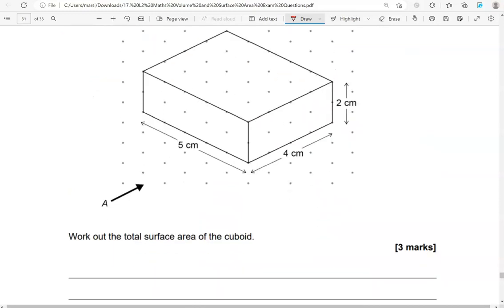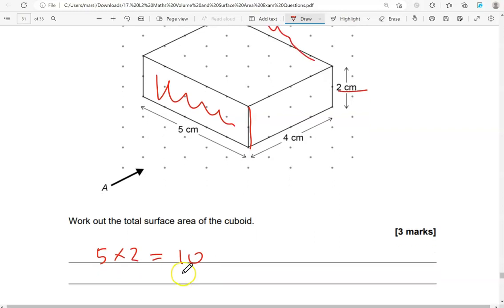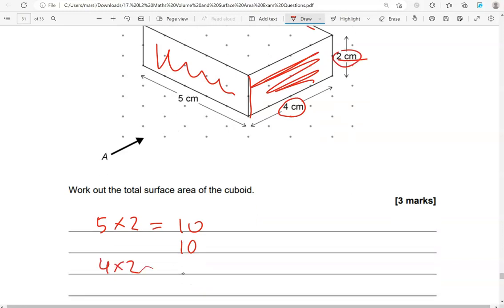A cuboid is shown below. Work out the total surface area of the cuboid. So surface area, that's adding all of the areas of the different faces. Looking at this one here, that will be 5 times 2, which is 10. And then this one here on the back will be 10 as well. And this one we can work out by doing 4 times 2, which gives us 8.